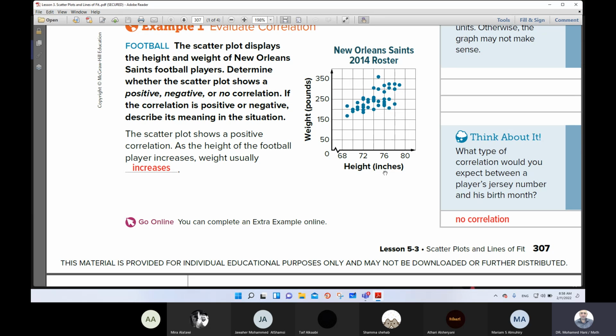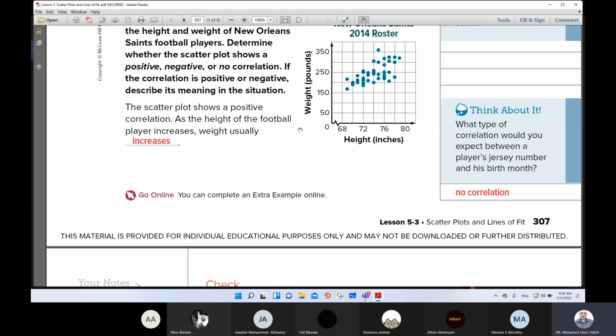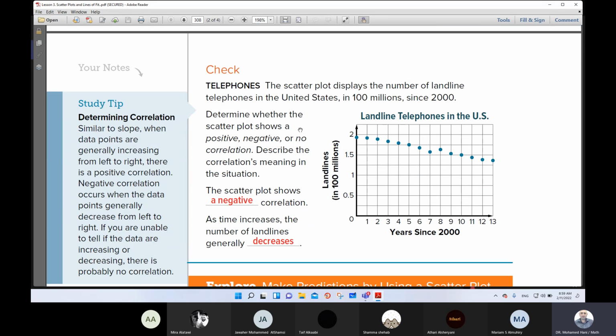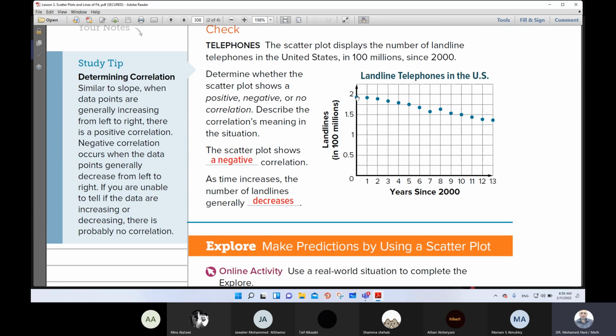We have an increase in the height and an increase in the weight, so the correlation here is increasing or positive. In the second example, the points increase in x but decrease in y, so we have negative correlation.